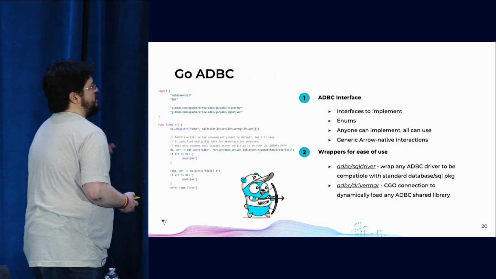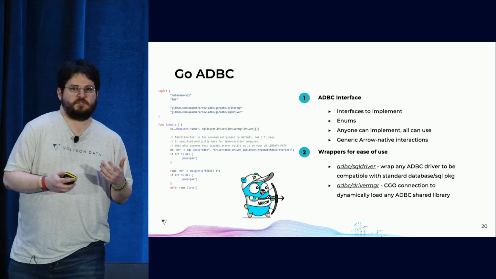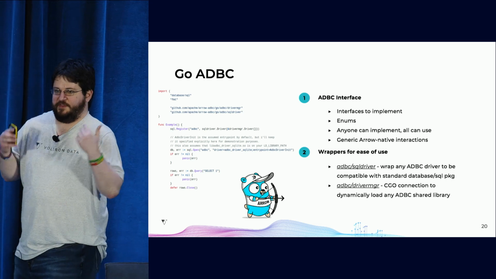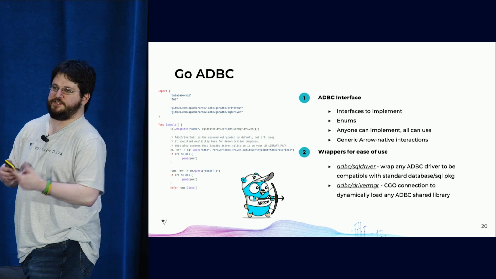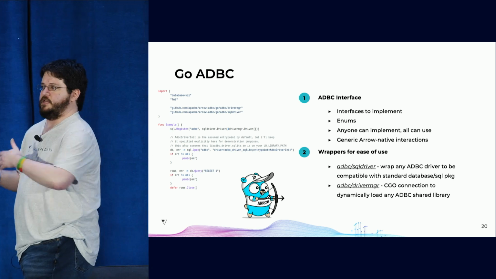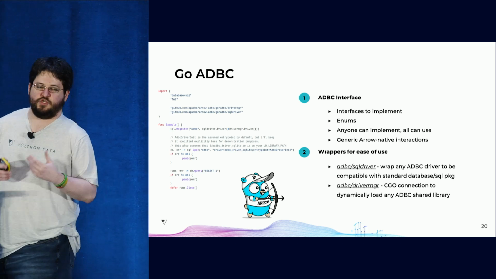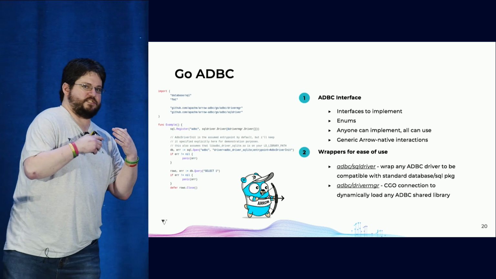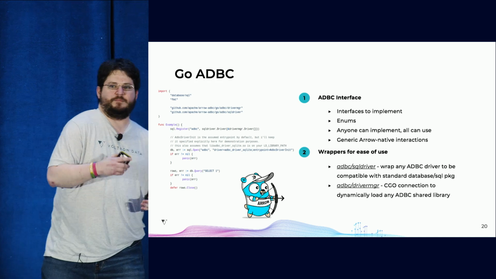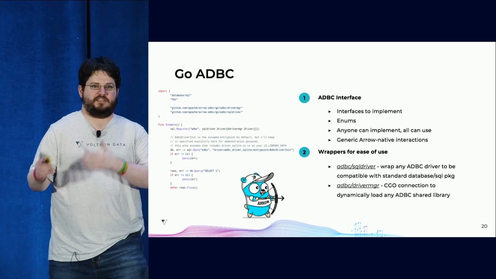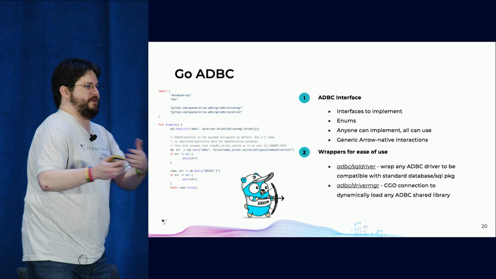For the Go interface, it just describes the interface. The difference here is that in the Python implementation, you had the DBAPI. It used Python's standardized interface and made it available to utilize ADBC while still also giving you the benefits.